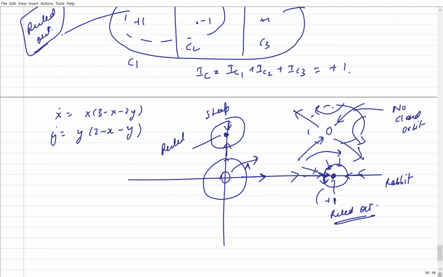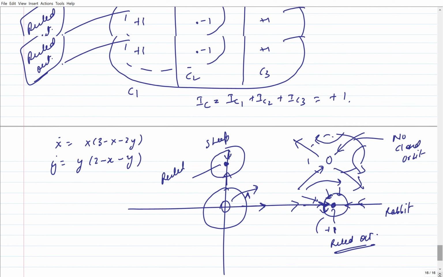So a combination of the theorem that a closed trajectory has to enclose fixed points whose indices sum to plus 1, using invariant manifolds, and the theorem, one can rule out closed orbits, so to speak.